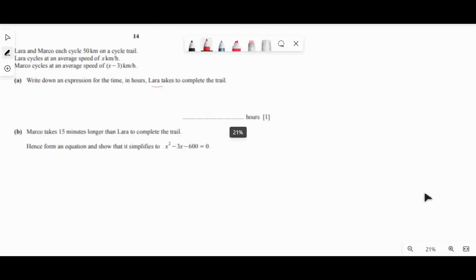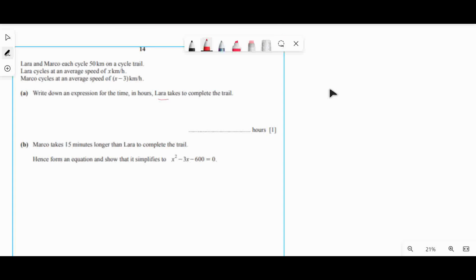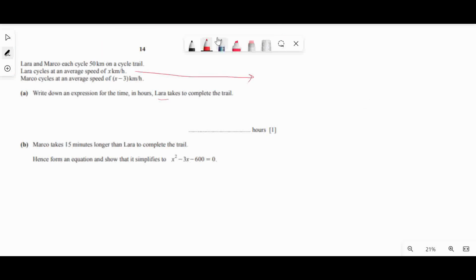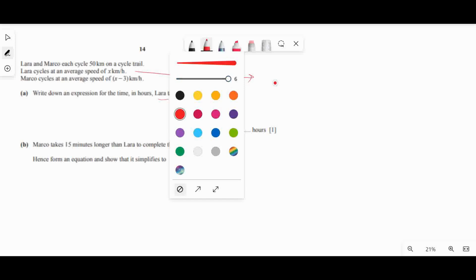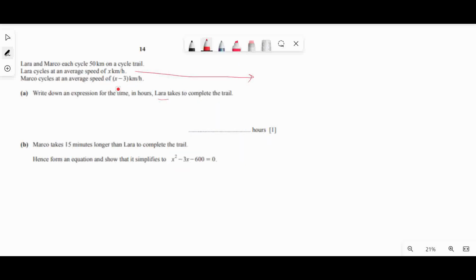So what we can do here, now we know that this represents Lara's. We know that the average speed is distance divided by time. So here the distance is 50 kilometers and we have to find out the equation for the time.